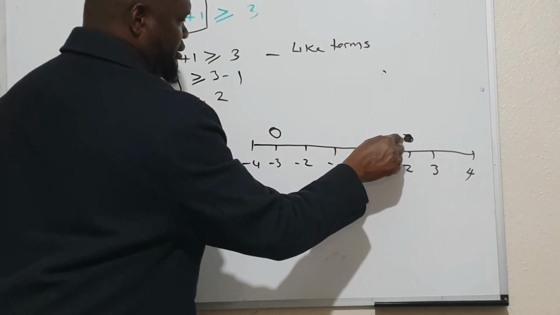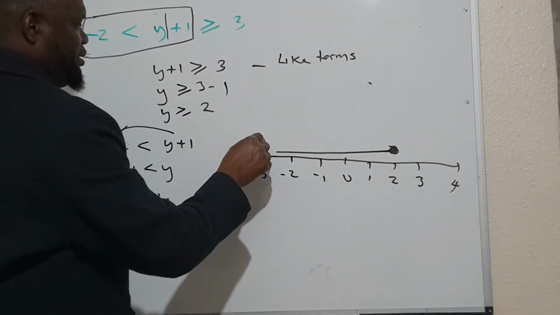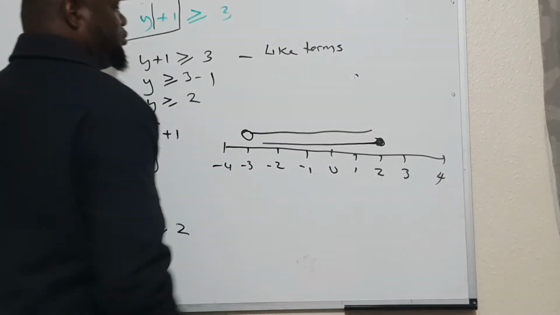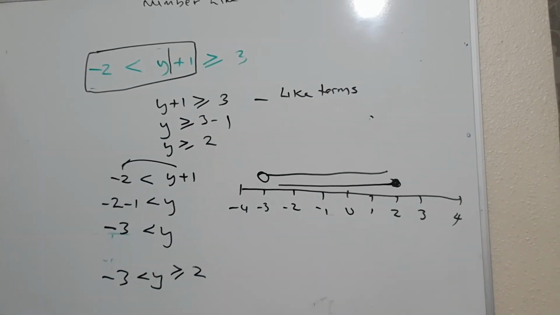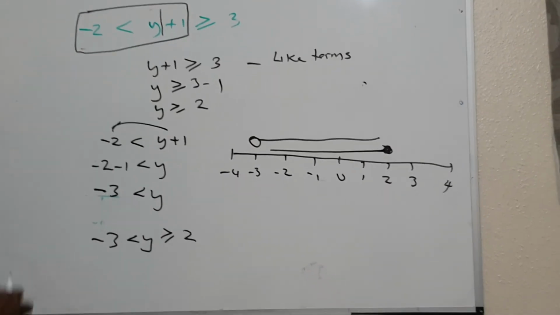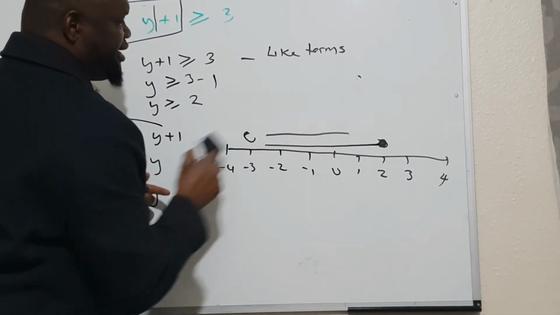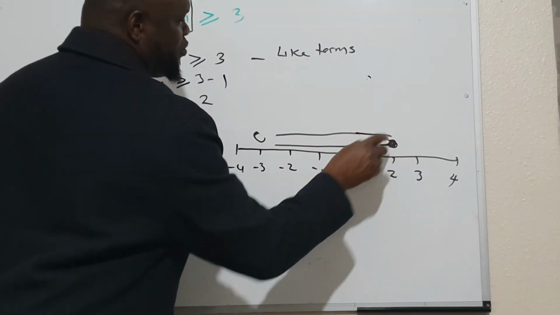Left. What about this one? Right. It was greater than, yes. So it looks like that. Do that, the circle. You see? Now if you want, you can join them, but this one, you know why?